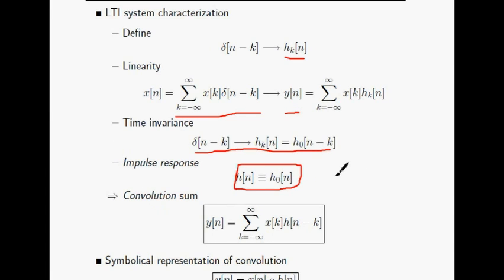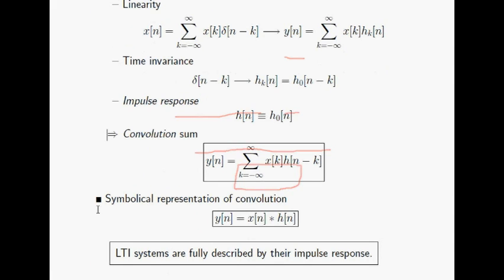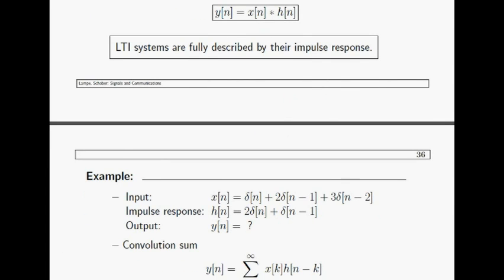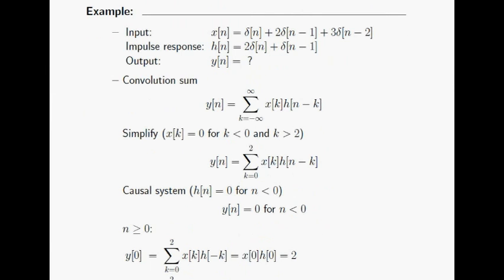If these are the properties for any system I have defined, then the convolution sum is y[n] equals the sum from k equals minus infinity to infinity of x[k] h[n minus k]. The symbolic representation for convolution is the asterisk symbol: y[n] equals x[n] asterisk h[n]. Let's see an example and understand it.